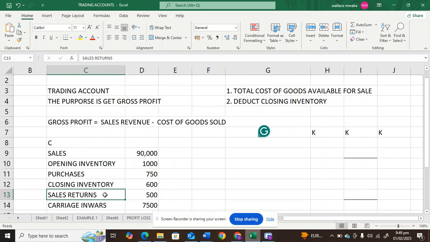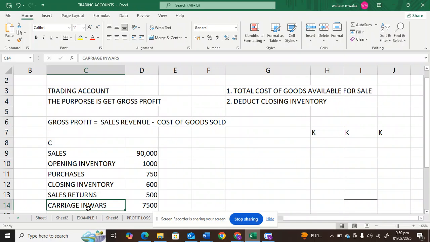You have to give them back their money, so it's going to reduce your sales revenue. Carriage inwards, this is the delivery fee that you pay so that the goods are brought to your premises. If your supplier delivers goods to you, obviously there's going to be a transportation fee or a delivery charge. That is the carriage inwards.